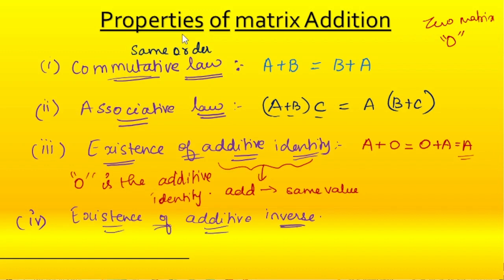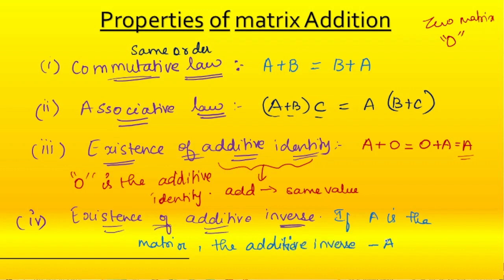So additive inverse means, for example, if A is the matrix, what will be the additive inverse of A? The additive inverse is going to be the negative of A. Additive inverse is nothing but minus A. That means the negative of A. If A is the matrix, then the additive inverse is negative of A. Clear? So that is about properties of matrix addition.